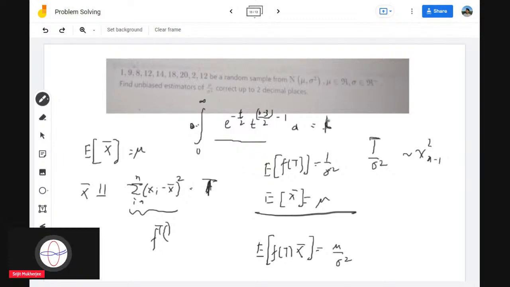There will be some constant, and 1 by sigma square, where is it coming from?